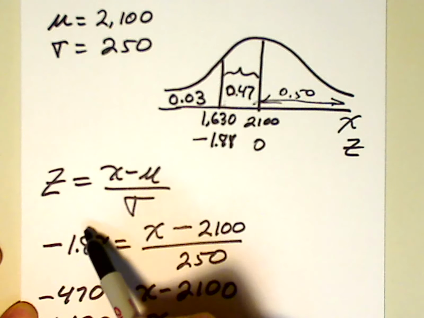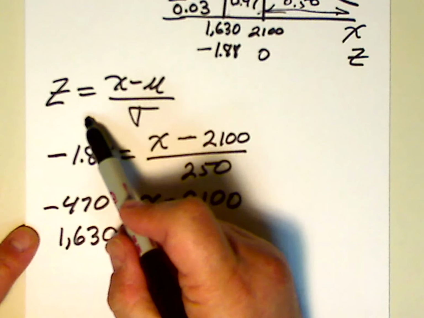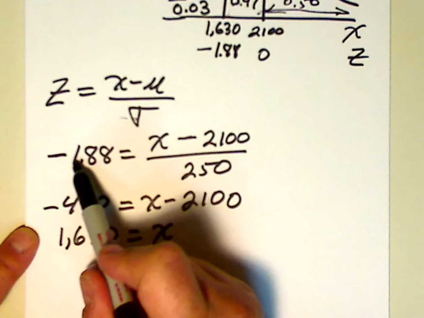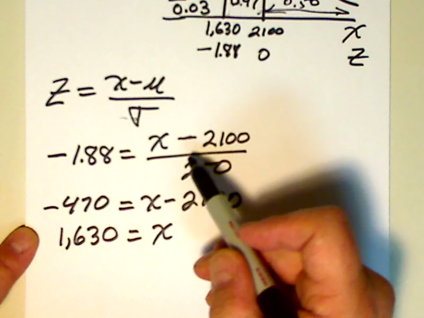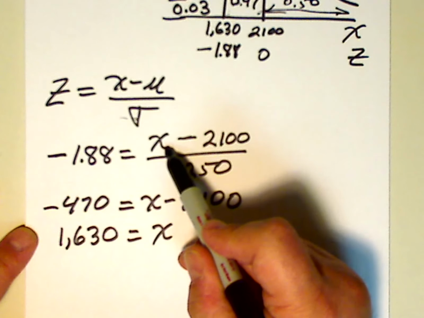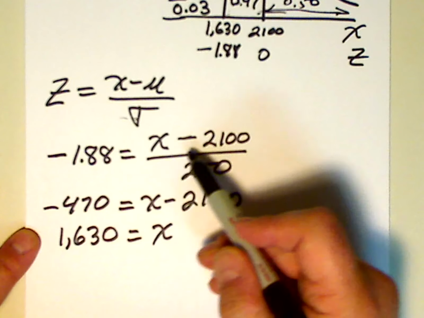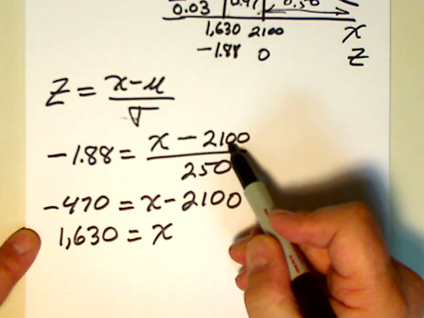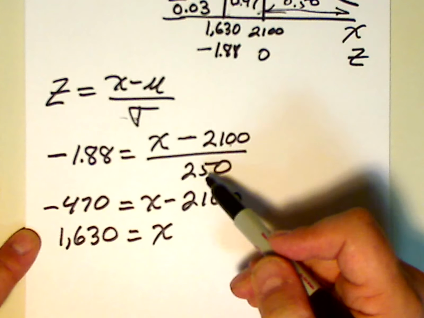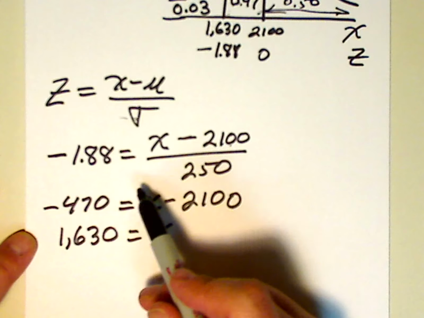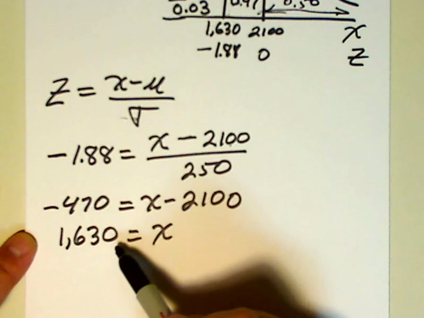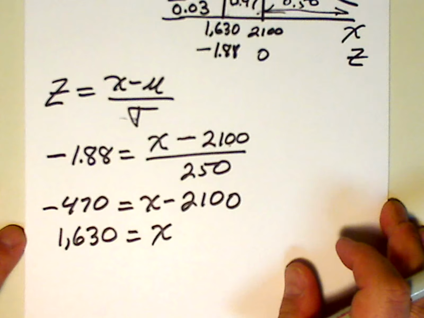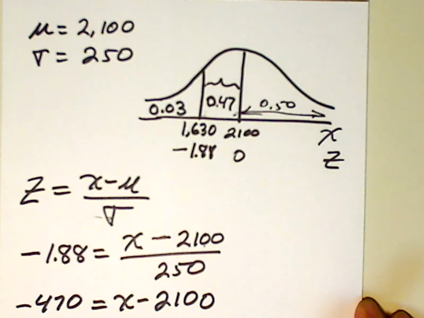We then used our z transformation formula, plugged negative 1.88 in for z. We still don't know what x is. That's what we're trying to solve for. And then we substituted 2,100 for the mean, 250 for the standard deviation, and it's just algebra, and we solved for x, which turned out to be 1,630.